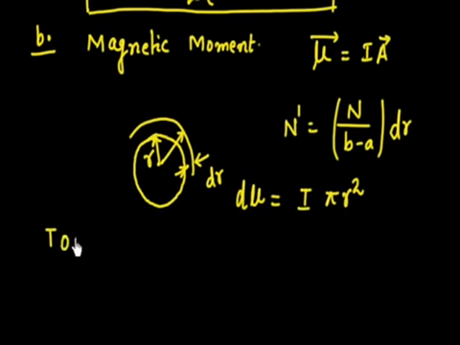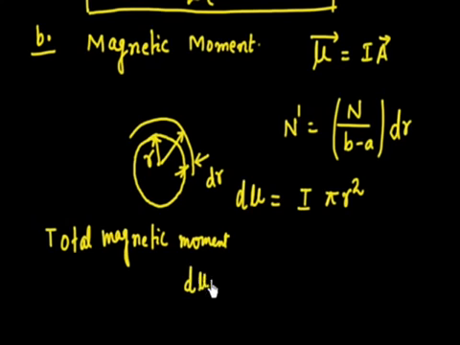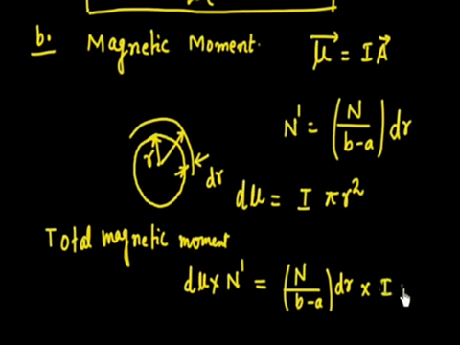So now I can write total magnetic moment. This will be d mu times n dash, and we have already calculated n dash. N dash is nothing but n by B minus A into dr, into I times pi r square.